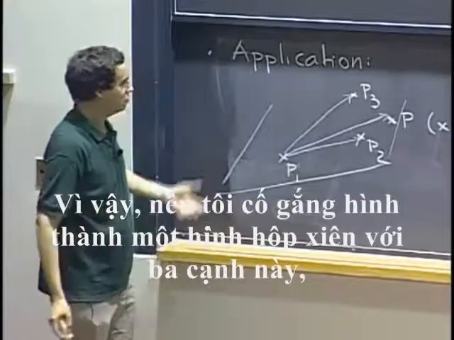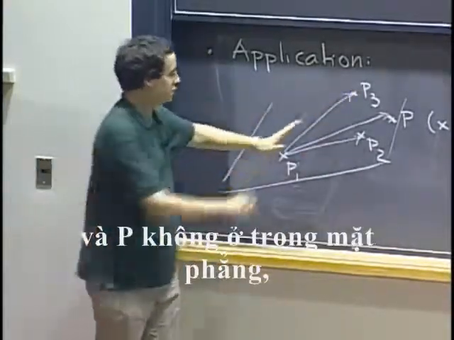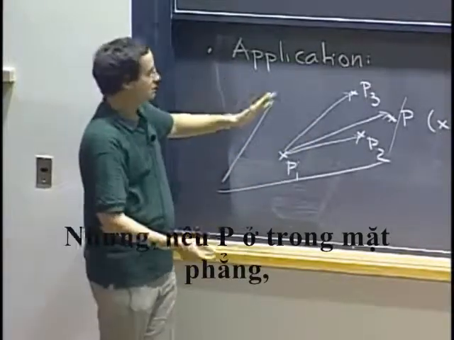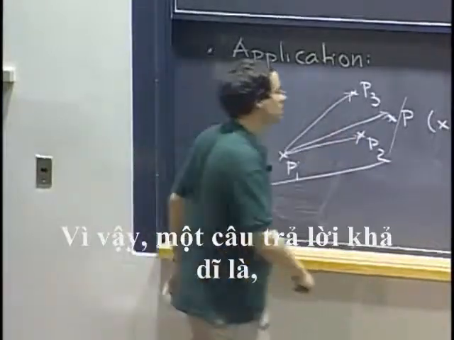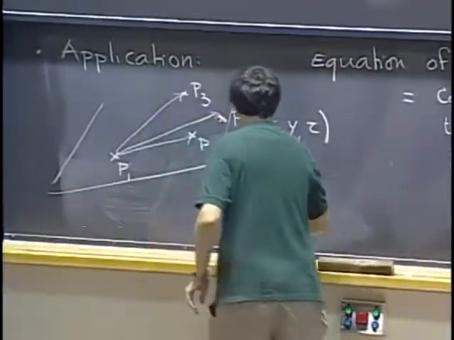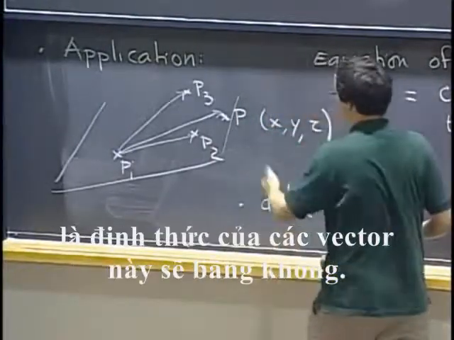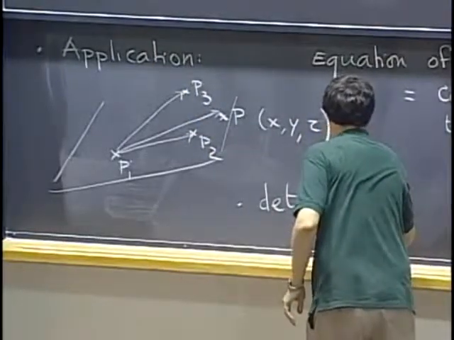If I try to form a parallelepiped with these 3 sides, well, if P is not in the plane, then it will have some volume. But if P is in the plane, that means that it's completely squished. So one way to think of the equation of a plane is that the determinant of these vectors should be 0.